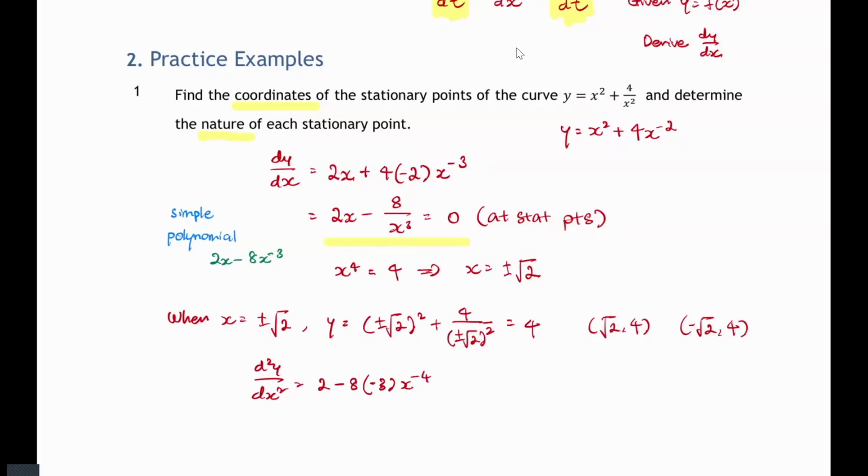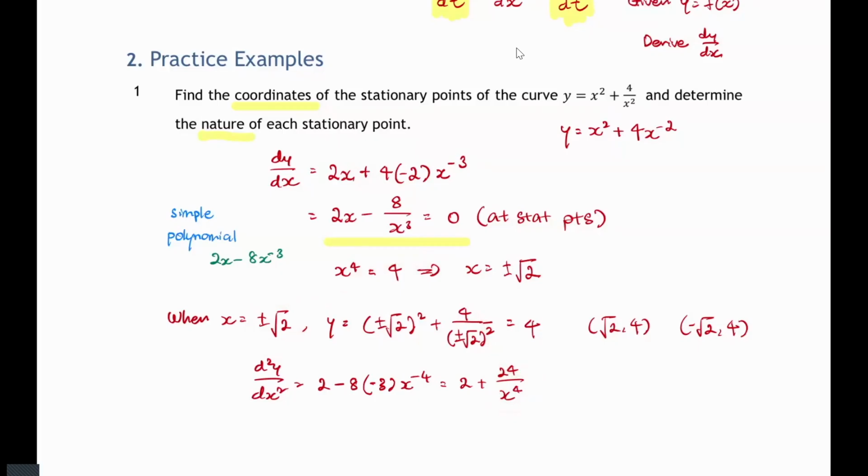Bringing the minus 3 out, you have 2 plus 24 over x to the power of 4. This is an even power, so if I substitute plus or minus root 2, I will still get the same value.